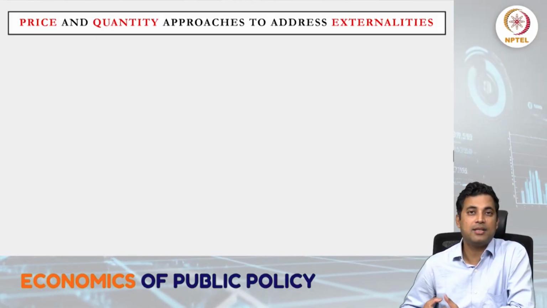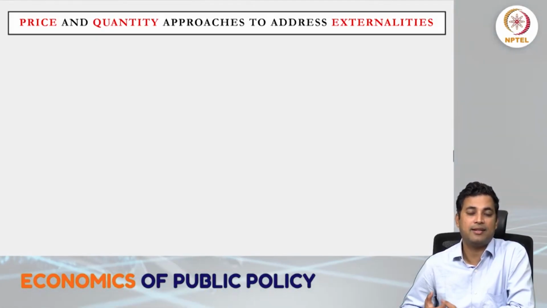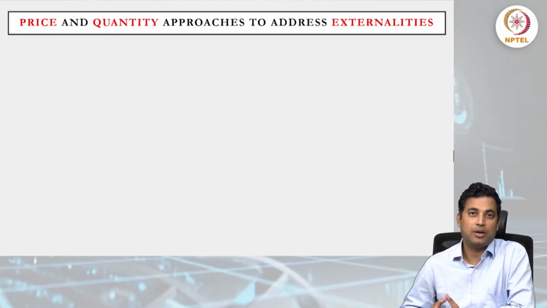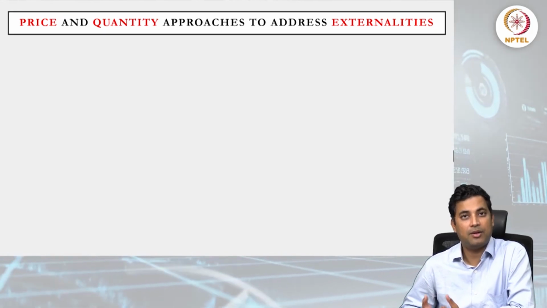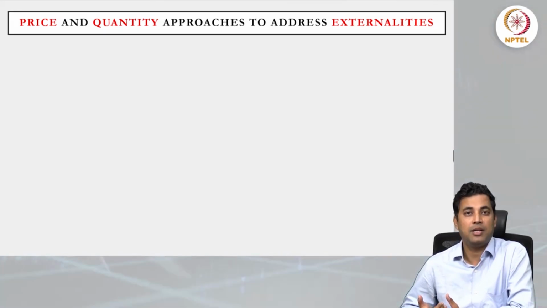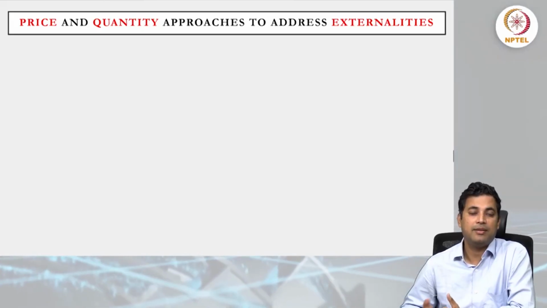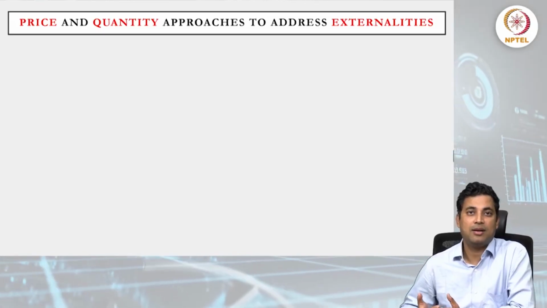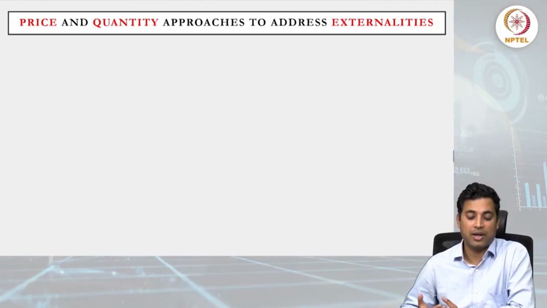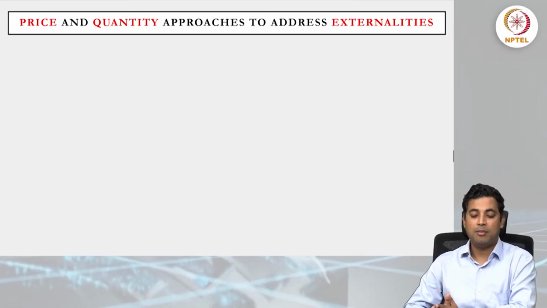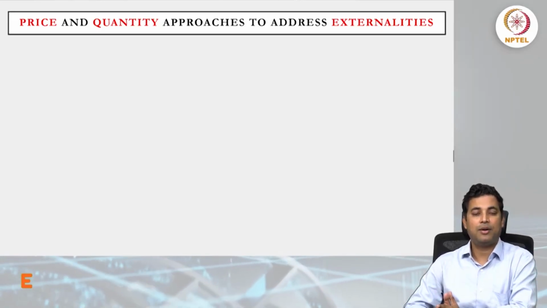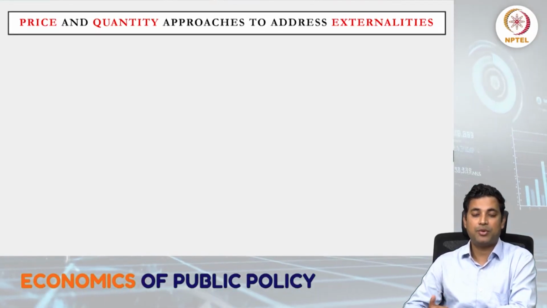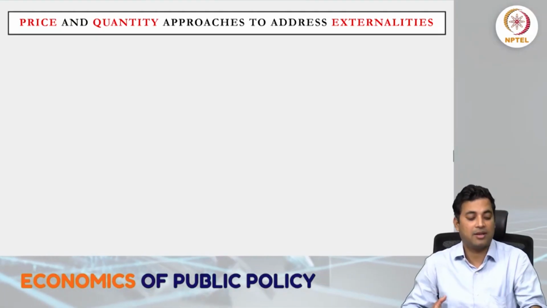So we considered products, goods and services, and there we tried to understand how the firms or producers and the affected ones, like individuals or the fishers' communities, are getting affected, and how price and quantity are optimally allocated. But here we are trying to understand how, with the help of price and quantity approaches, we can address externalities.